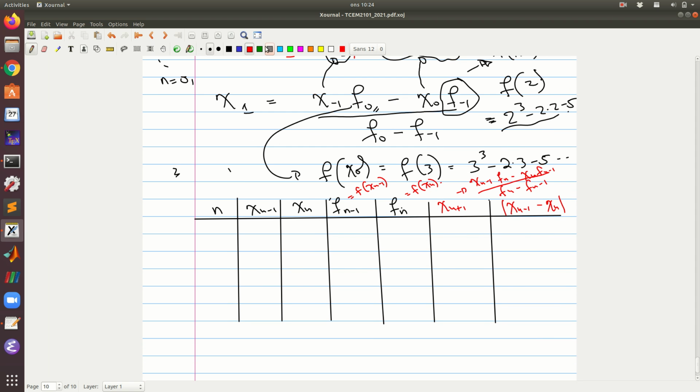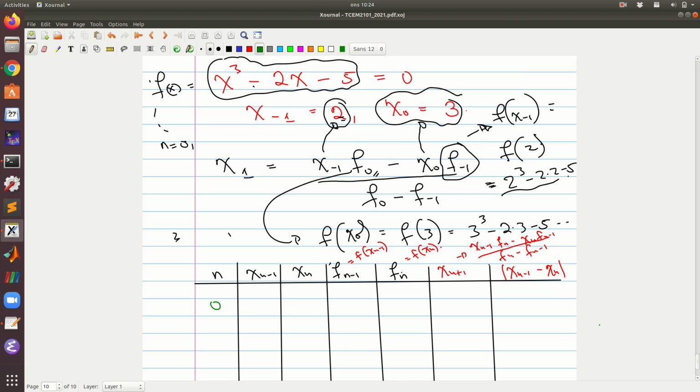Then the rest is for us to fill in. When n is 0, the value they gave to us is 2, and then x0 is 3. We compute fn minus 1. Fn minus 1 is negative 1, i.e. f of 2.